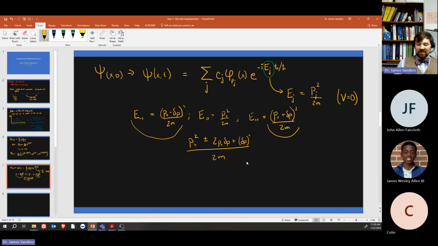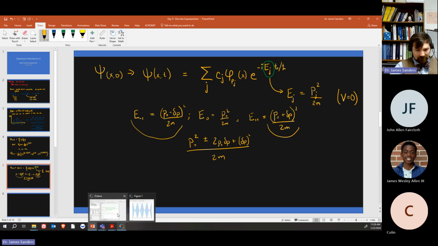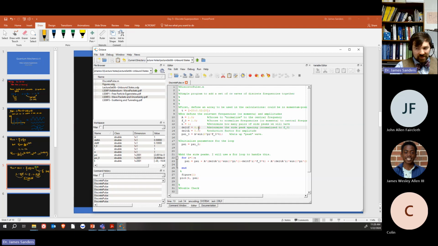Now we need to make an assumption. Those plots that I showed you a little earlier, you'll notice that I kept the delta F, which is again equivalent to our delta P's here, smaller than F naught. F naught, or P naught by extension, is relatively valued at 1 in this code. These are 0.1 or 0.01 or even 0.2.